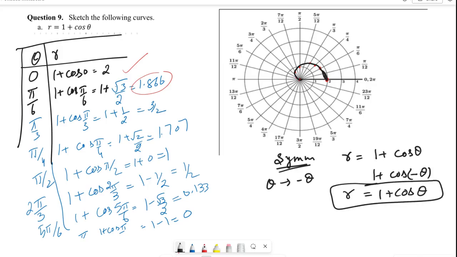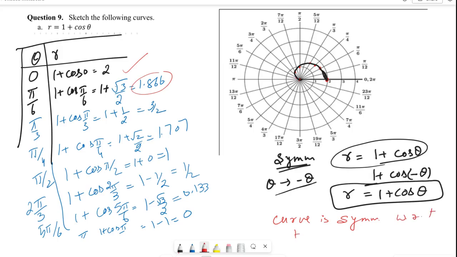We are getting the same exact equation even after changing theta to negative theta. Therefore, this curve is symmetric with respect to the x-axis or polar axis. They are both same, horizontal axis basically.